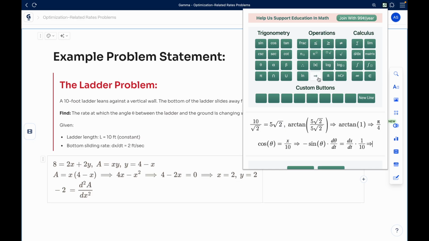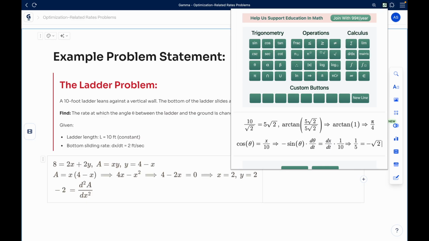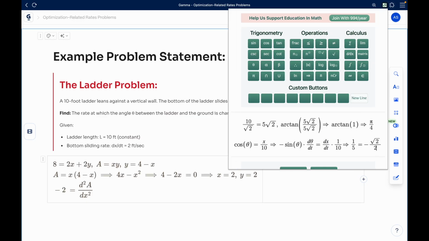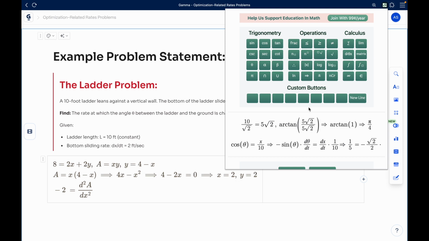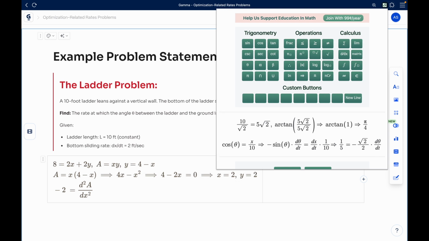Now that we have that, sine of pi by 4 at that instant would be square root of 2 by 2, and dx by dt would be 2 divided by 10, so we have 1 over 5, equal to negative the square root of 2 divided by 2 multiplied by d theta divided by dt.